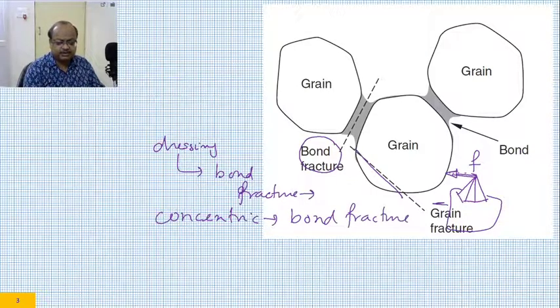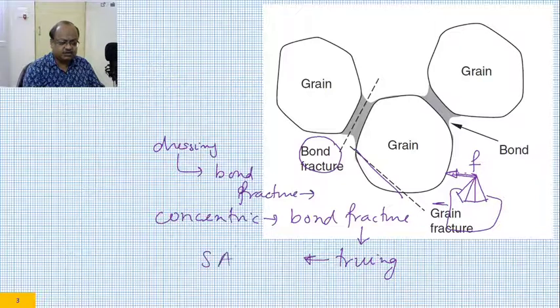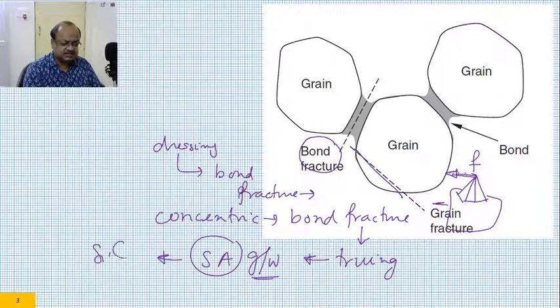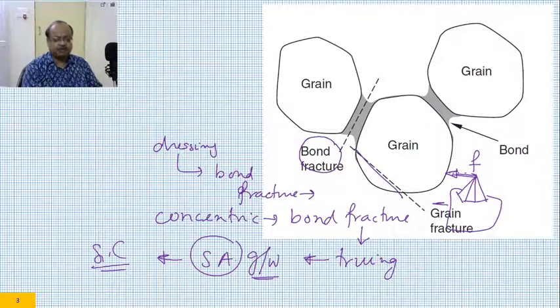So when is it required? It is required during truing operation, particularly when you are truing super abrasive grinding wheels, because most of the time silicon carbide rotary dressers are used for truing, and silicon carbide grits can do nothing to CBN or diamond. What they can do is put enough force so that the bond fracture takes place.